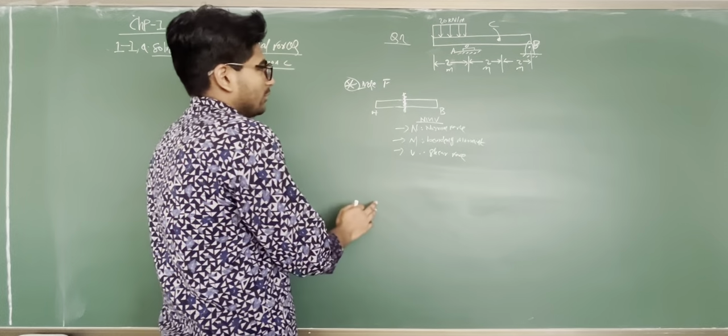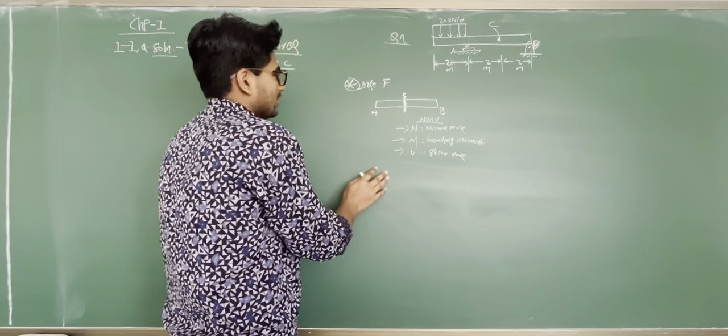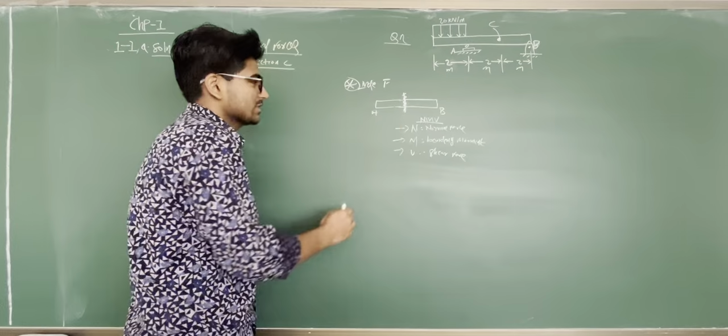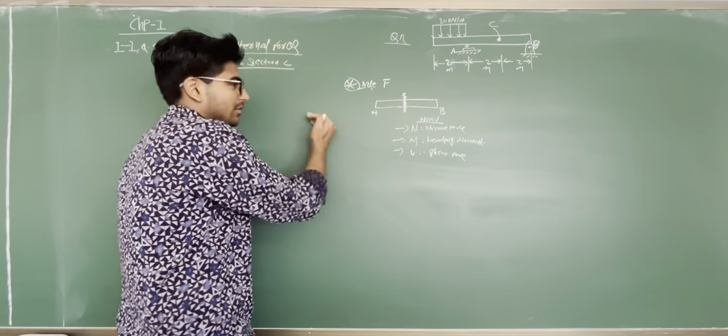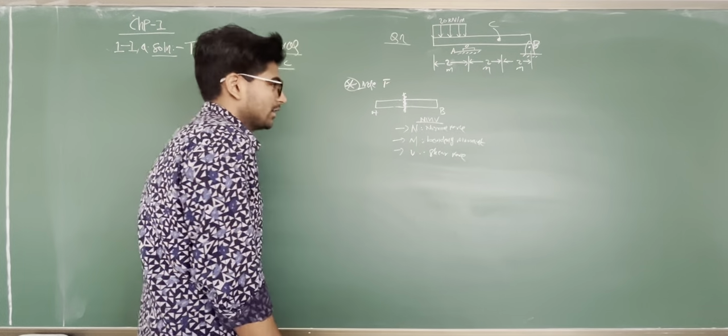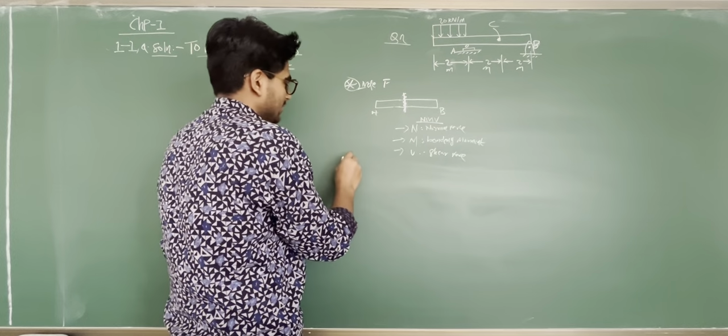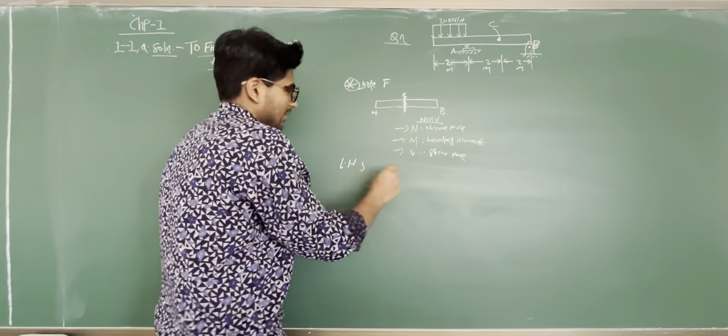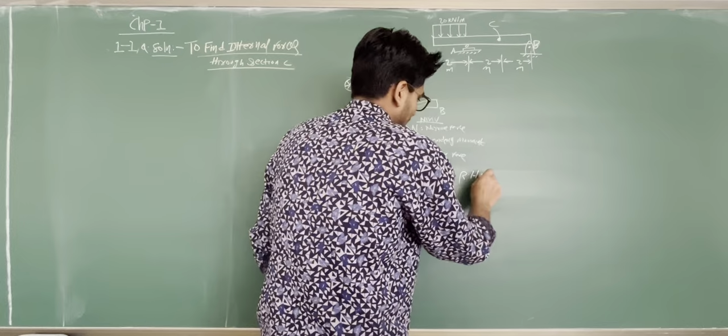Now, in order to find internal forces, we can take either the left hand side or the right hand side. Suppose I write here left hand side and here right hand side.